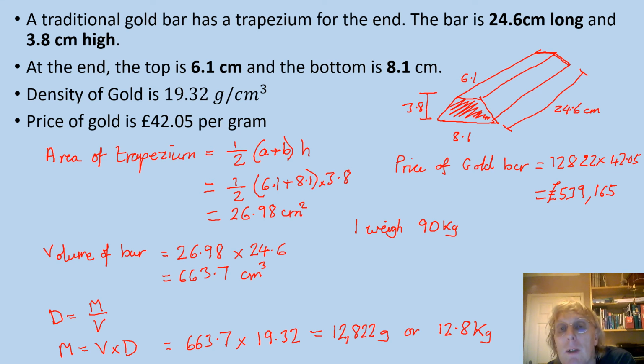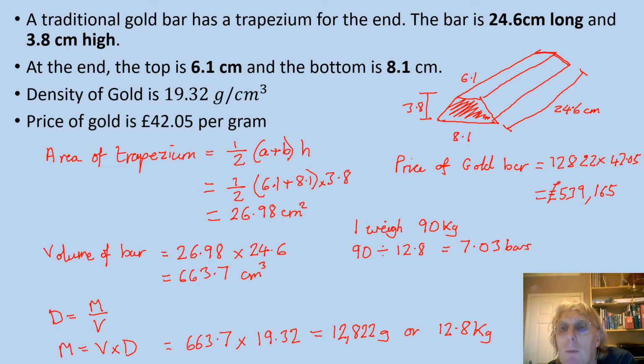I thought I'll go 90 divided by 12.8, and it's just over 7, something like 7.03 bars. So I weigh as much as 7 bars of gold. That's quite a lot of gold there.